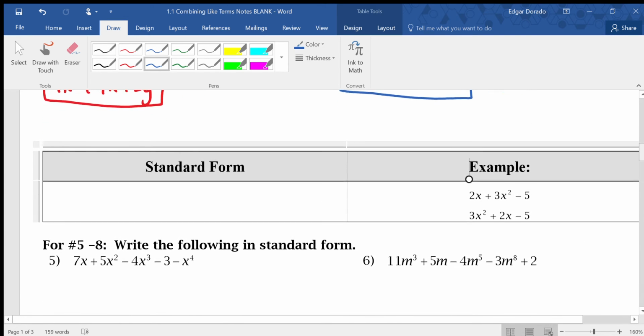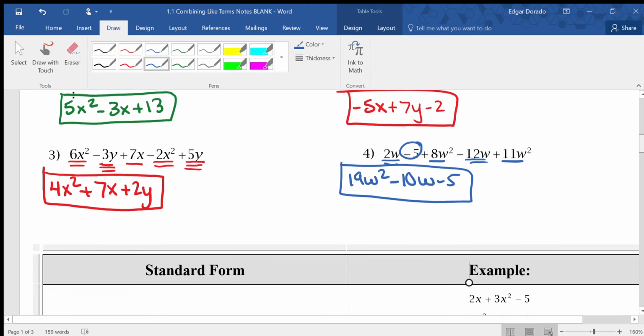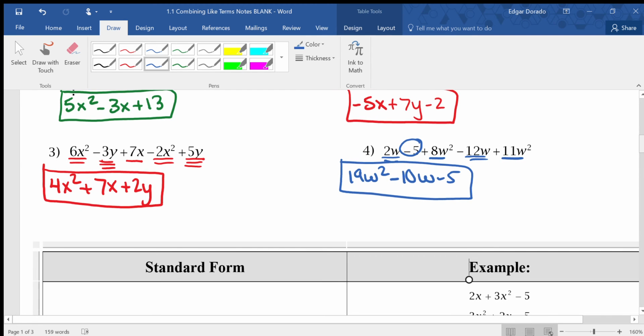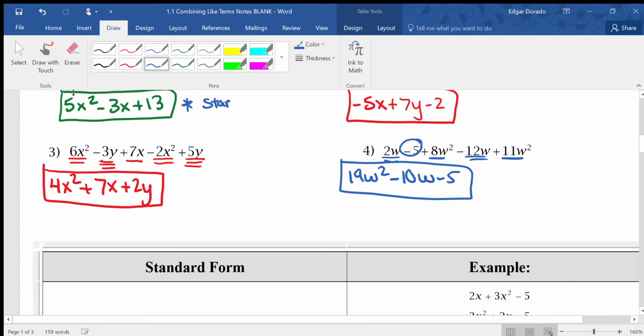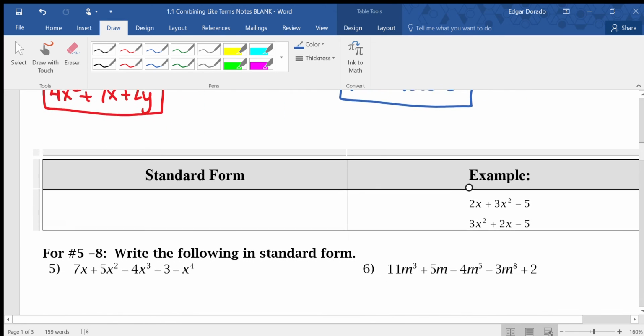All right, so let's go ahead and actually what I want to do is come back to this for 1 second. I mentioned this right here was a special form, right? This is what's called standard form. Okay. All right. But what is standard form? What does that even mean?